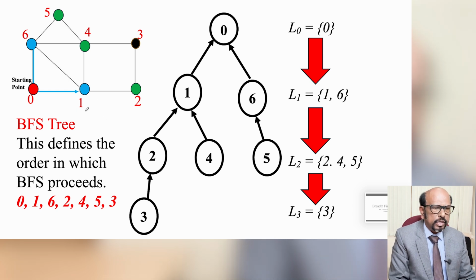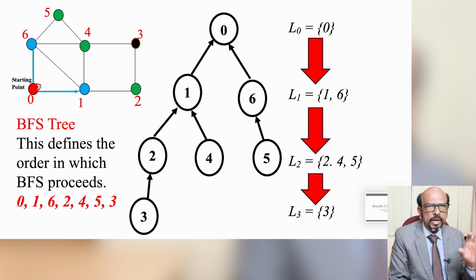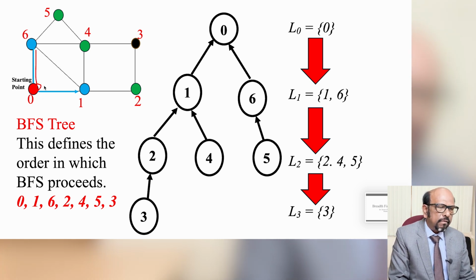At the 0th iteration, we verified whether the medicine is available in 0. At the first iteration, we verified whether it is available in 1 or 6. So, after 0, it is 1 or 6.